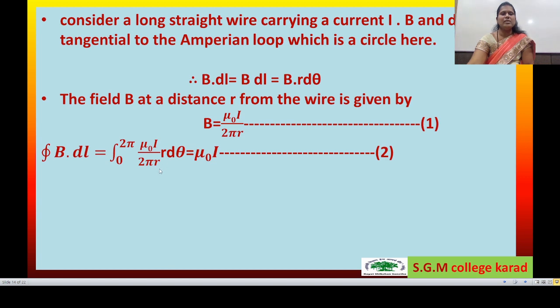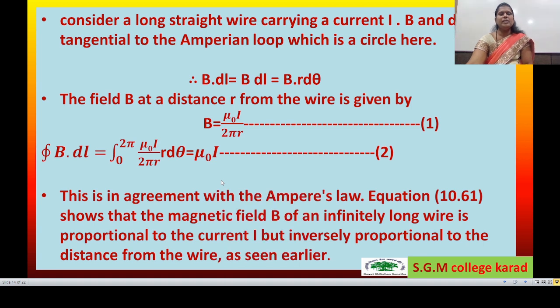R cancels here, and the integral of d theta is 2 pi. So we get mu 0 I. This is in agreement with Ampere's law.